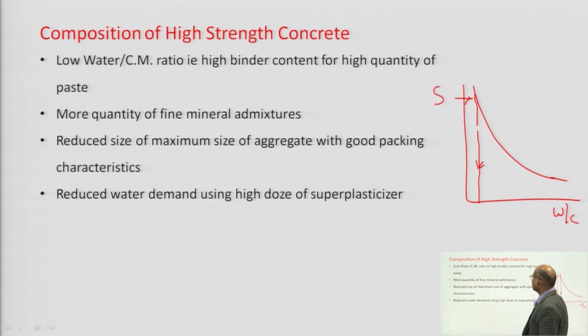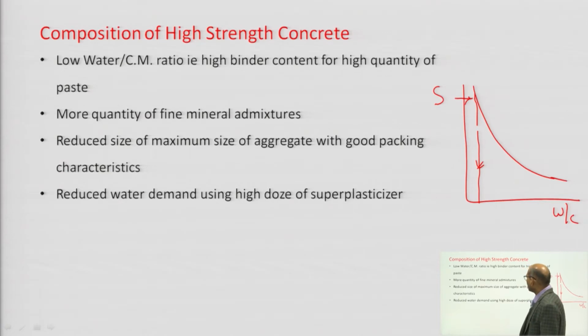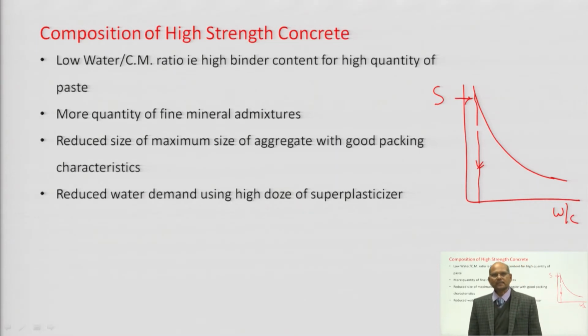That is one of the requirements, and we need a larger quantity of fine mineral admixtures. What are the fine mineral admixtures? We have silica fume, fly ash, metakaolin, GGBS and so on. All these should be more in quantity, and we have to reduce the maximum size of the aggregate, so that we can achieve better density and better compaction.